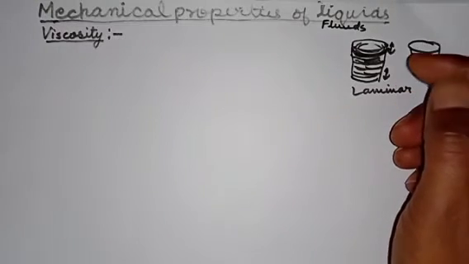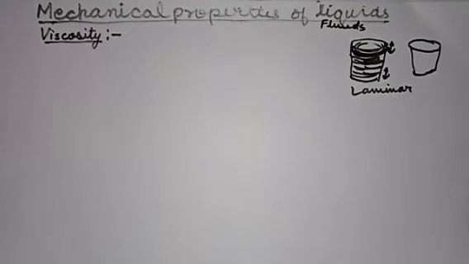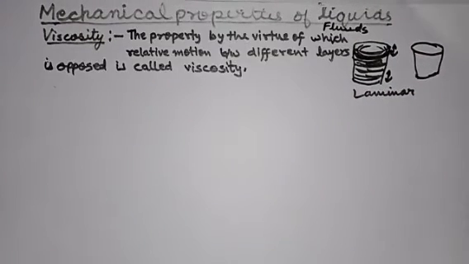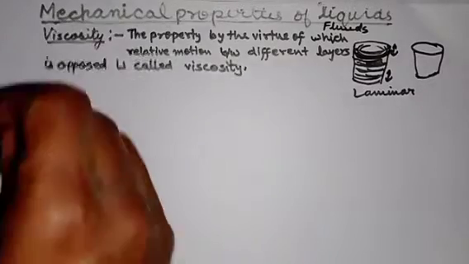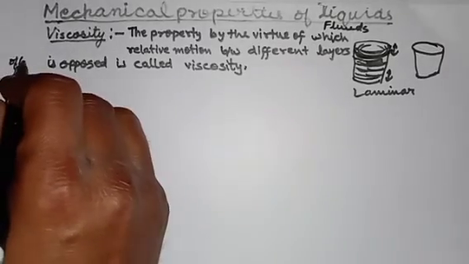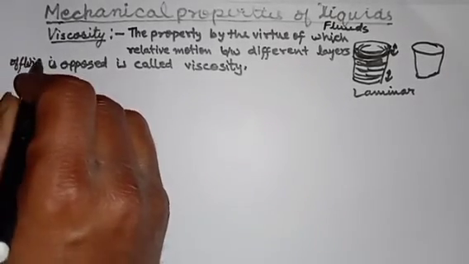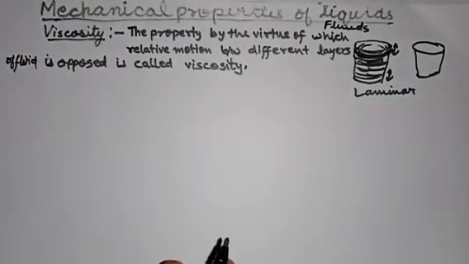This property is called viscosity. The property by virtue of which relative motion between different layers of fluid is opposed is called viscosity.